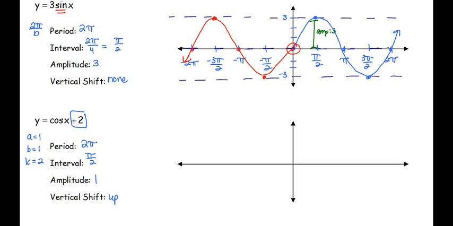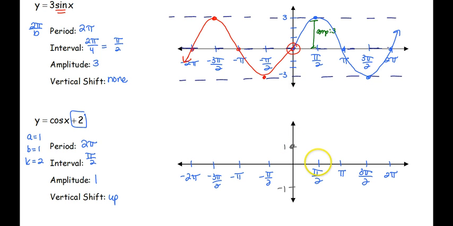As we start this, sometimes it's easier just to start with your general cosine graph. So we go ahead and set it up. Go in our other direction. And we know that in general, a cosine graph starts at 1, and that's at the top.